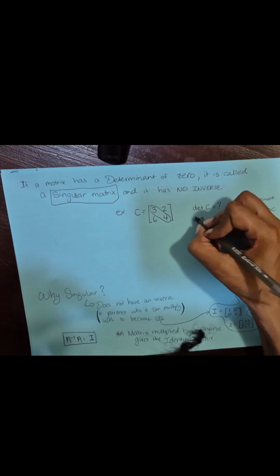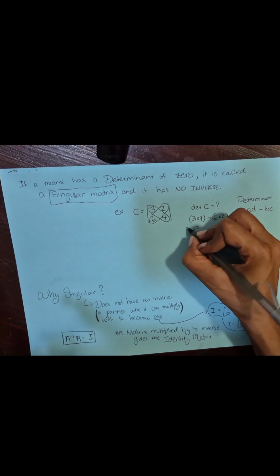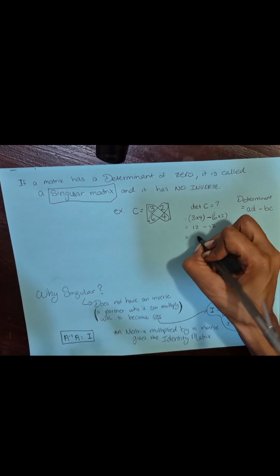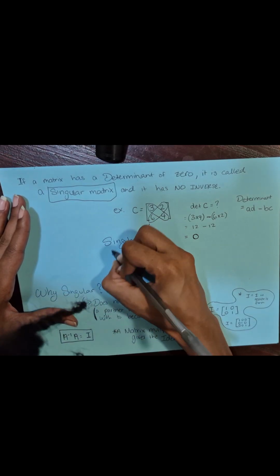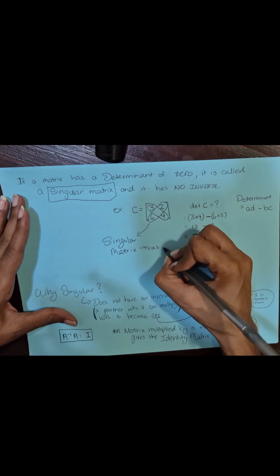That's 3 times 4 minus our other diagonal, which is 6 times 2. 3 times 4 is 12. 6 times 2 is 12. 12 take away 12 is 0. So this is a singular matrix, which means it has no inverse.